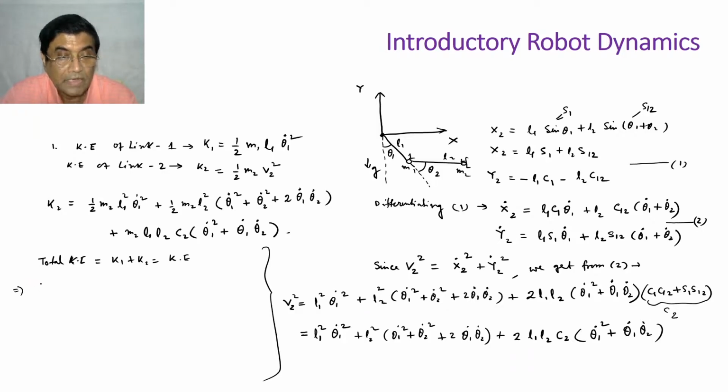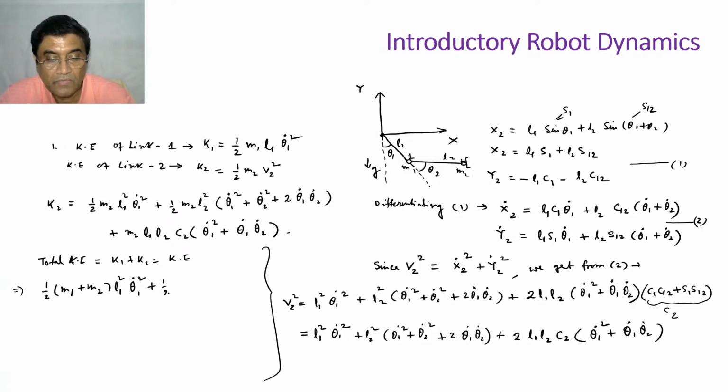So this will be half (M1 plus M2) L1 squared theta 1 dot squared, plus half M2 L2 squared (theta 1 dot squared plus theta 2 dot squared plus twice theta 1 dot theta 2 dot).